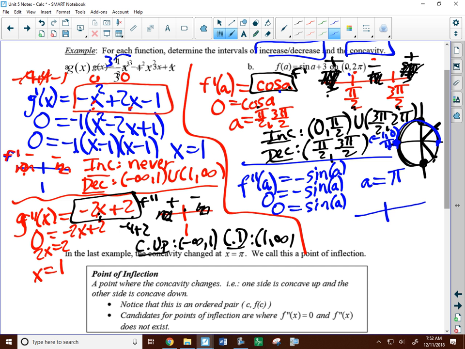I do a number line. So here's pi. We can just plug in any value on the right and left. So how about I do like 3 pi over 2 now. How about I stick with this? Let's just do like pi over 6 here. Any of them really are going to work.